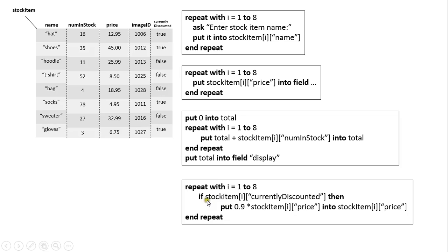And again, if this evaluates to true, so we've got stock item I, maybe it's stock item 3. I'm going around here, 1, 2, 3. So stock item 3, currently discounted. Let's go and have a look at it. So stock item 3, that's false. So it will not do that calculation.